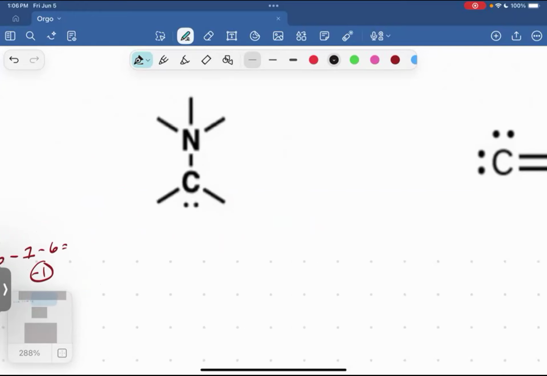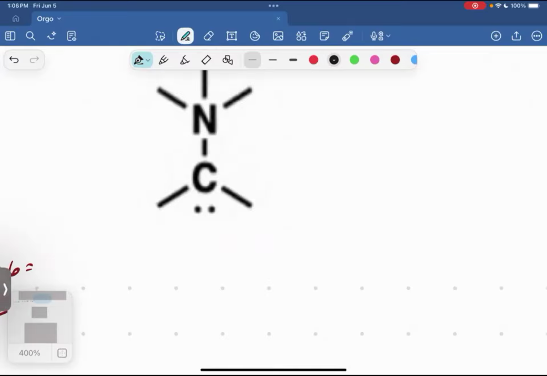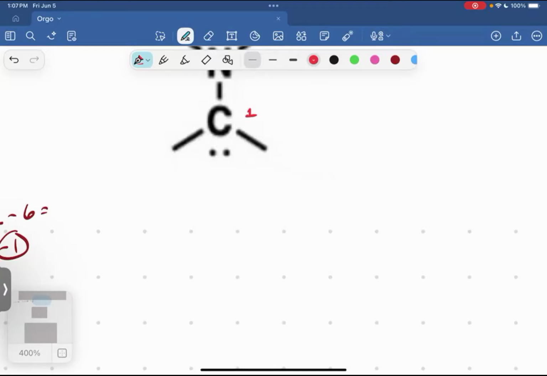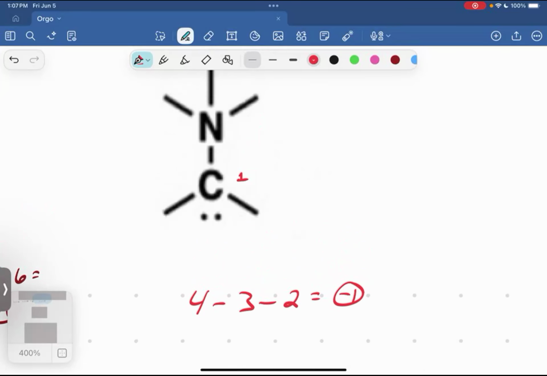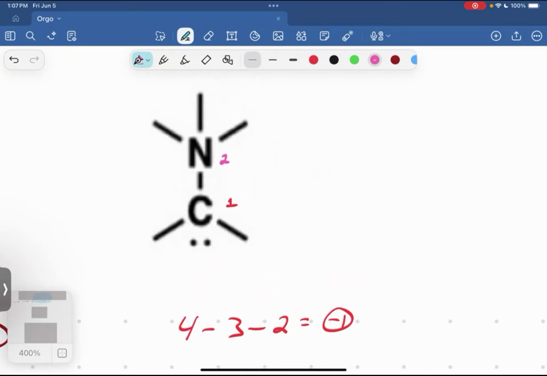All right. How about this carbon here? Carbon has 4 valence electrons. It's making 3 bonds minus 2 lone electrons. So that looks like it's going to have a -1 charge. How about the nitrogen?